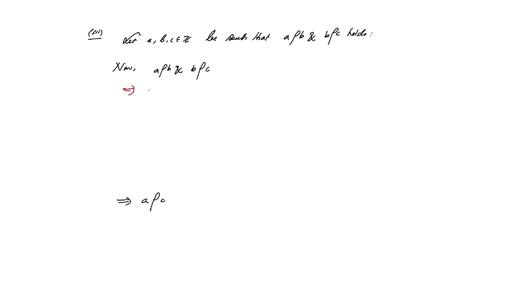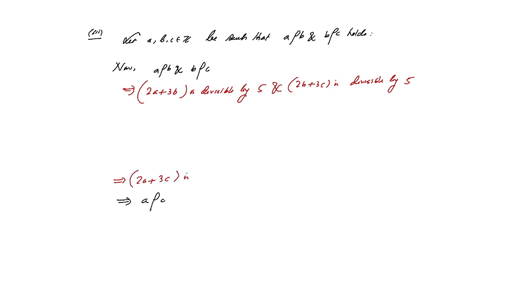What is the meaning of A rho B? 2A plus 3B is divisible by 5. What is B rho C? 2B plus 3C is divisible by 5. We will show A rho C, that means 2A plus 3C is divisible by 5.